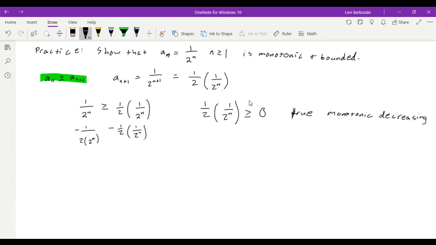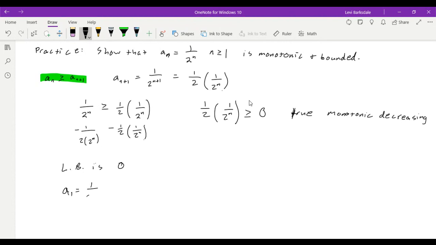And once again, you can clearly see that this sequence is bounded below by 0 because it's always going to be positive. So we can just say that our lower bound is 0. And because it's monotonic decreasing, our upper bound is going to be our first term.